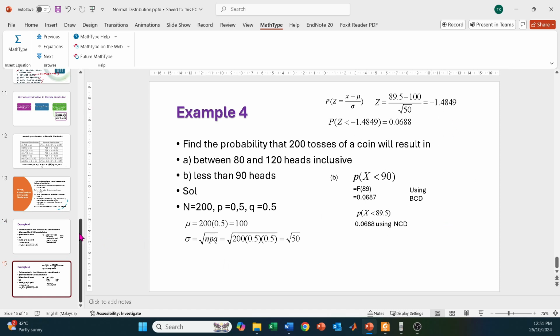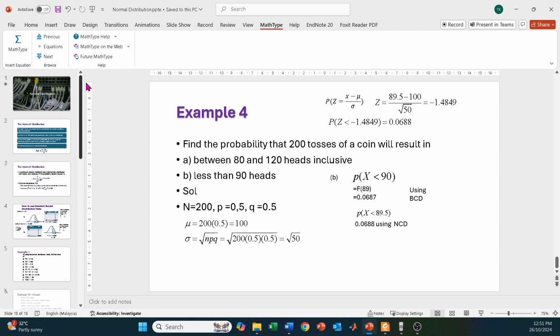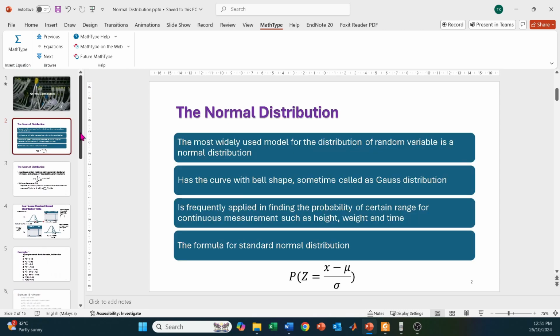So to conclude, the normal distribution is for a continuous random variable. X is a continuous random variable with mean mu and standard deviation sigma. For the binomial distribution with n trials, P is the probability of success and Q is the probability of failure.